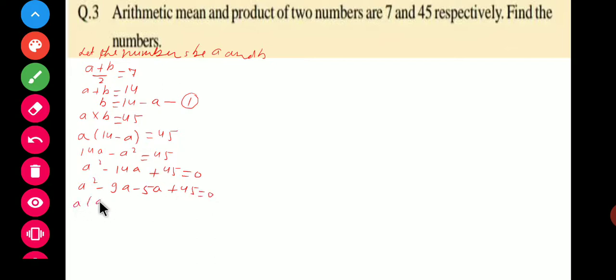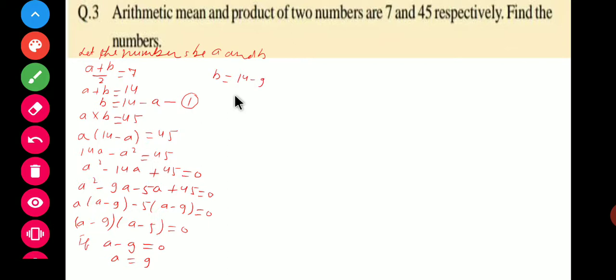A is common, so we get A into (A minus 9), and minus 5 is common, so we get minus 5 into (A minus 9) equals 0. So (A minus 9) into (A minus 5) equals 0. If A minus 9 is equal to 0, we get A is equal to 9. Now B can be found: it is 14 minus 9, so we get B is 5, and A is 9.